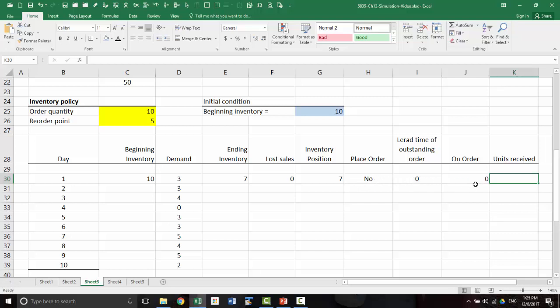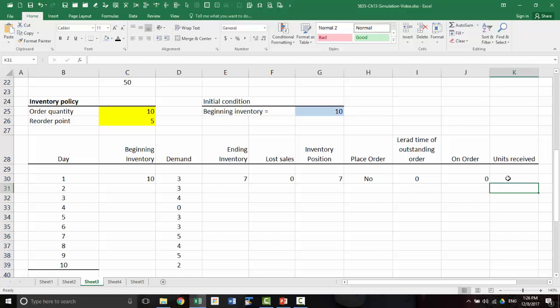So you have to go back. Suppose this order had a lead time of 2, then that unit will be received here. The order was placed here and it will be received here to be used in day 3, right? So you have to look back and see whether an order was placed or not. And that's where the difficulty arises.